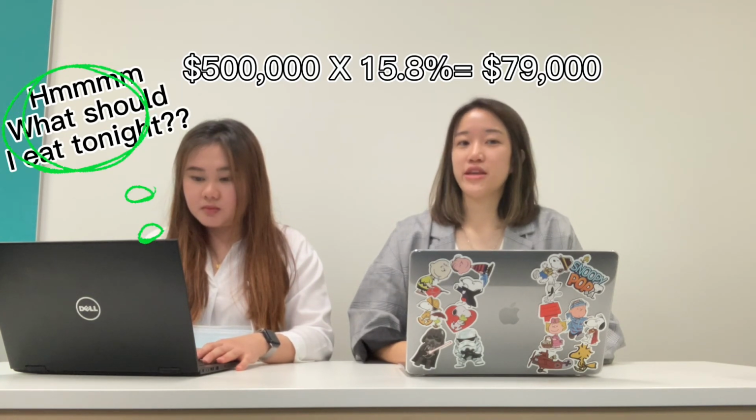Then you will get 79,000 that needs to be included in your net assets. Eventually, the total of your net assets will be 197,500. For your information, both of us have a share of 50% in the business. Yep, this means both of you have to allocate the gain or losses by half.